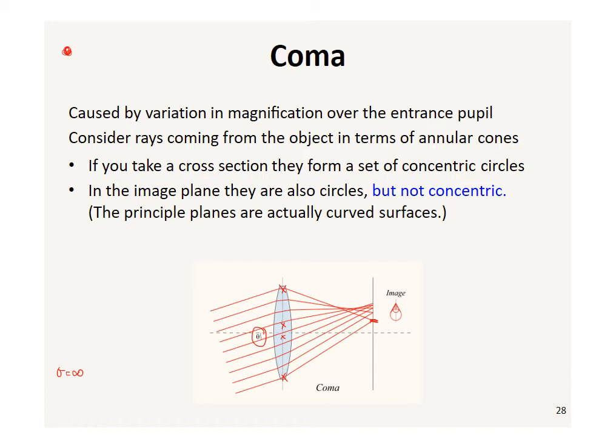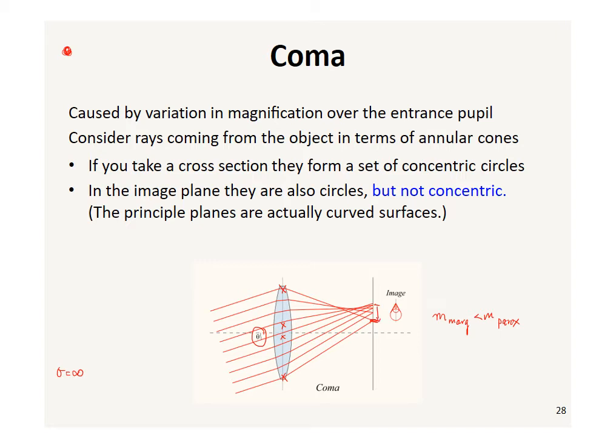They're imaged up here. Now you can see that that's equivalent to these marginal rays, in this case, having a lower magnification than the paraxial rays. So I could write: magnification of the marginal rays here is less than the magnification of the paraxial rays. That's an example of negative coma.